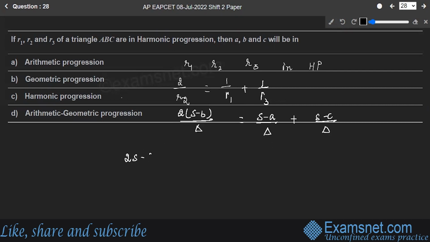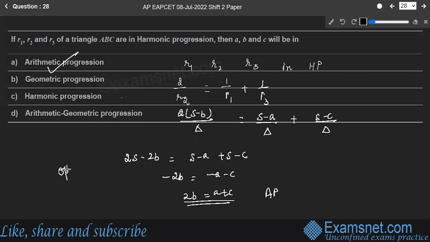This will give you 2S minus 2B is equal to S minus A plus S minus C, or 2B is equal to A plus C. That means they are in arithmetic progression, AP. So option A is the correct answer to the problem. Hope you are clear. Let's move to the next question.